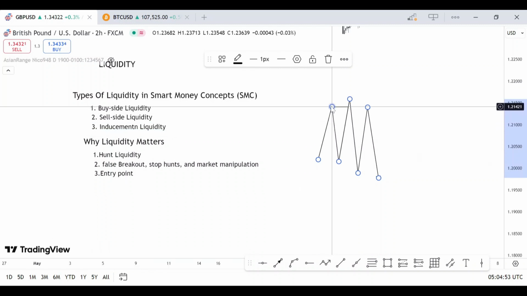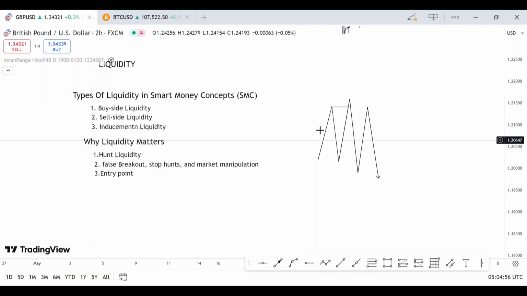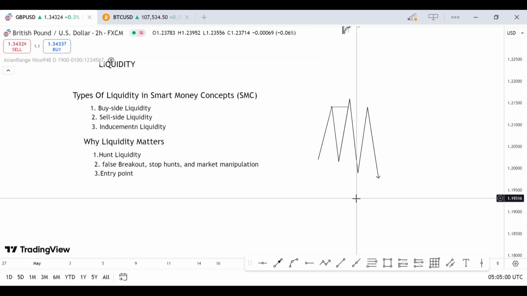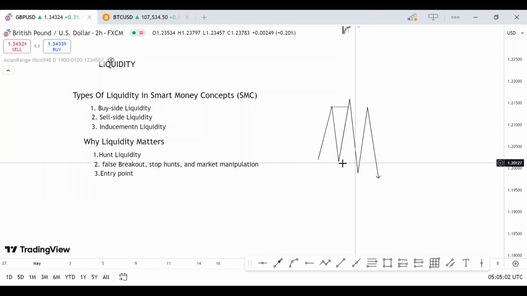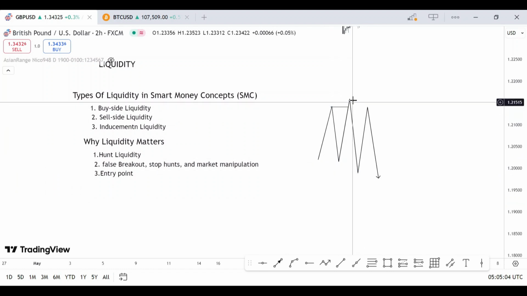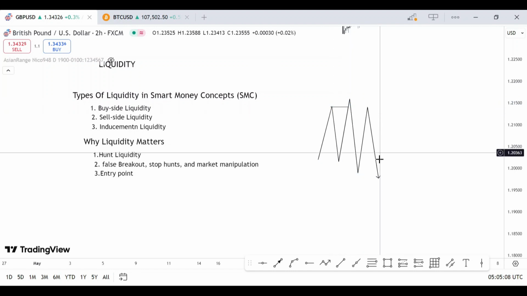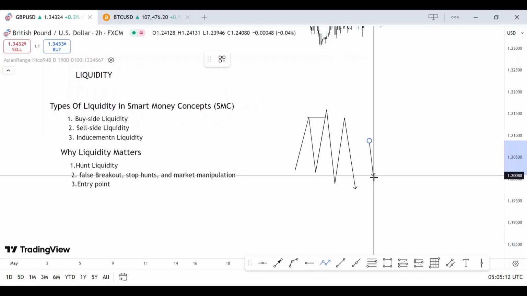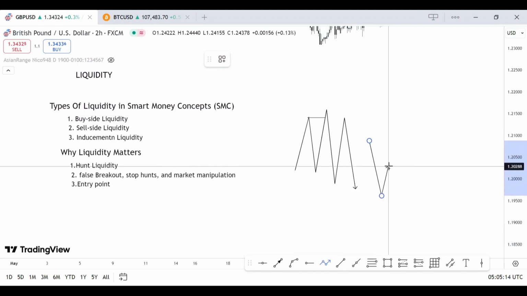See, price came here, swept this high, then moved down to the downside, creating the market structure shift or your change of character, came back into a demand zone here, or you can use it as your order block, then came back, moved to the downside. Same thing for a sell side liquidity. Sell side liquidity is going to look something like this.